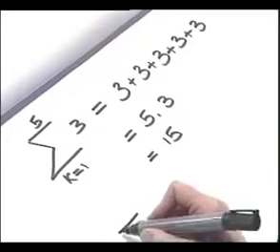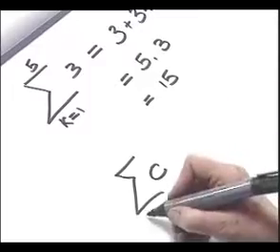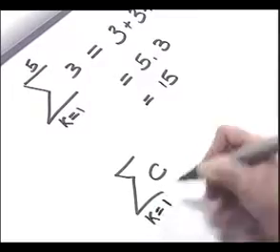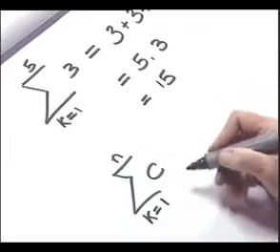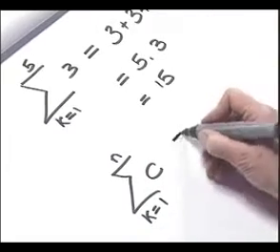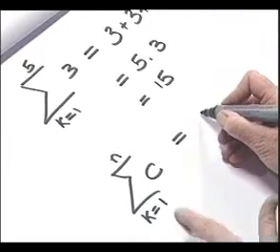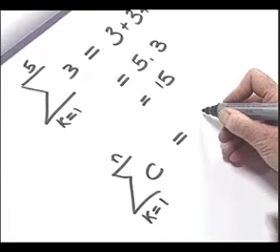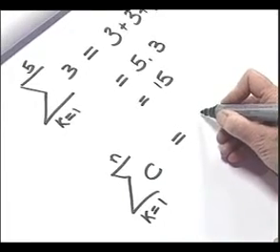So we can get a general result from that. If instead of 3 we have a constant c, and we take our k from 1 to n, what does this work out to be? Well, we do it in the same way. We work out our sum using k equal 1, 2, 3, and so on up to k equal n, and evaluate it.